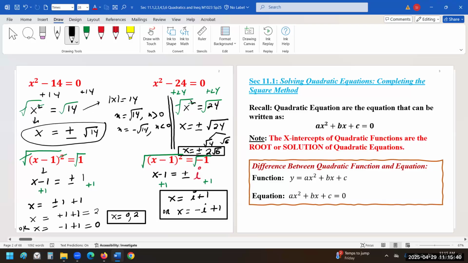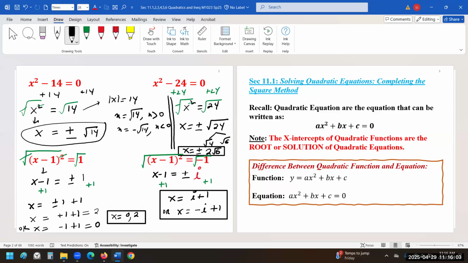Now, since we know how to solve a square problem or quadratic problem, we want to know how many ways we can solve them. We already learned one method, which is factoring. Anytime you have a quadratic, if it's factorable, we can factor and solve for x.